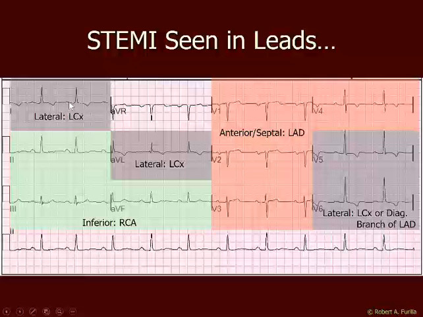The superior, especially the lateral superior leads, are 1 and AVL. Leads V5 and V6 are also lateral, and a STEMI in this region could be the result of a blockage in the left circumflex artery or an occlusion of that diagonal branch of the LAD. And the anterior septal region is V1, 2, 3, and 4.